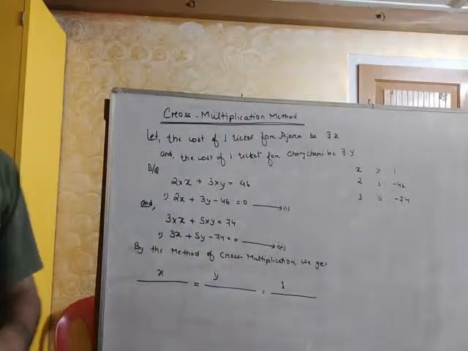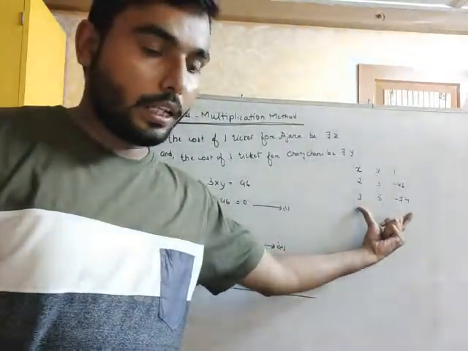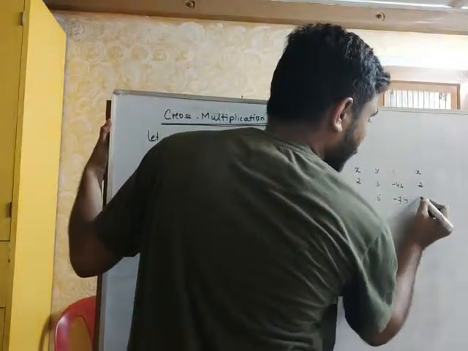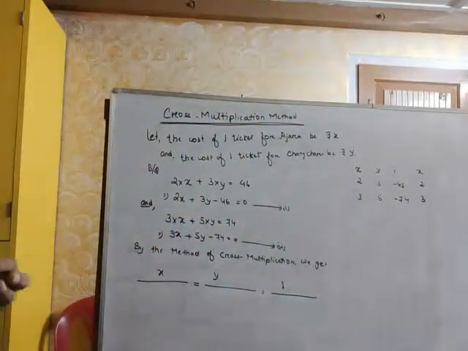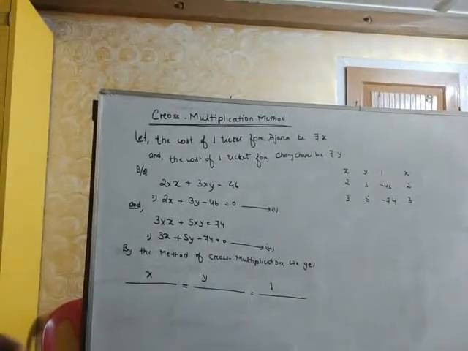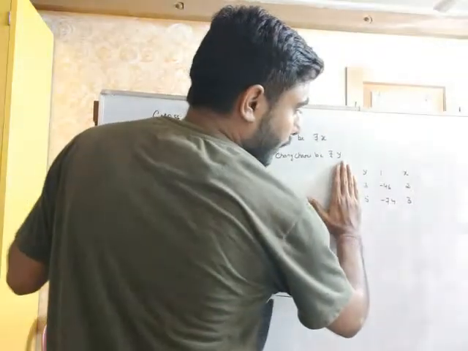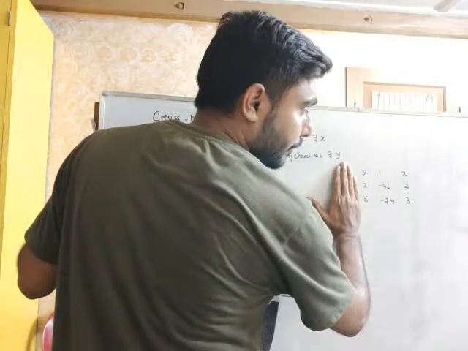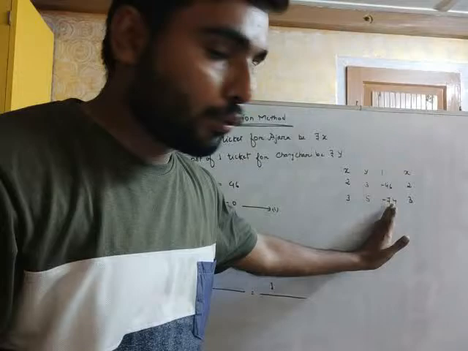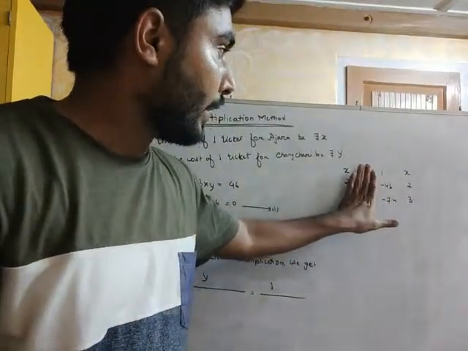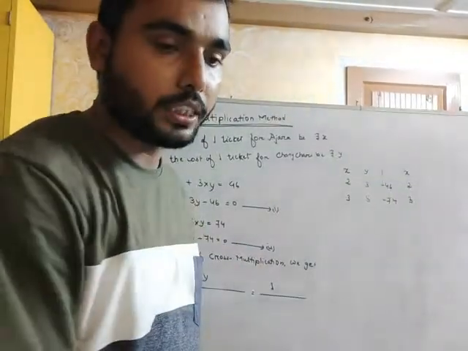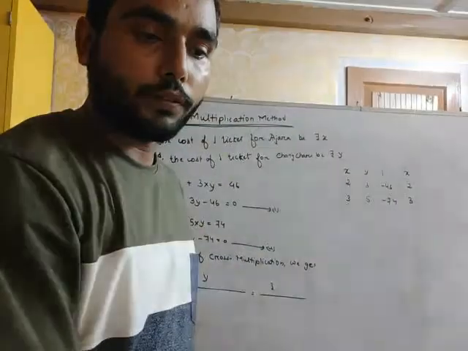What you will do is write the three coefficients like this and write x once again. Why I write 2 into 3, I will make you understand that also. For x, you forget about x and write the coefficients of y and the constant terms. For y, you forget about the coefficient of y and write the coefficients of x and the constant terms, and so on you have to write.